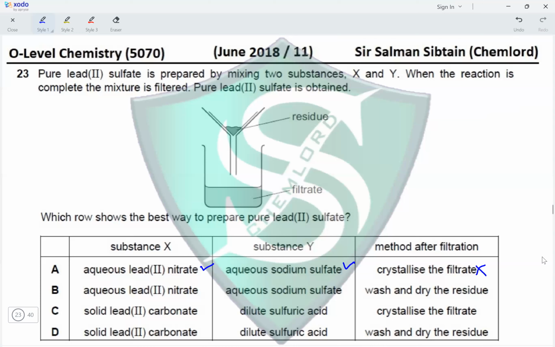In option B, aqueous lead nitrate is soluble, aqueous sodium sulfate is soluble. So these are correct. Wash and dry the residue. Yes, that is all that needs to be done. In C, solid lead carbonate is insoluble. In D, solid lead carbonate is insoluble, making C and D incorrect. Therefore, the correct option for this question is option B.